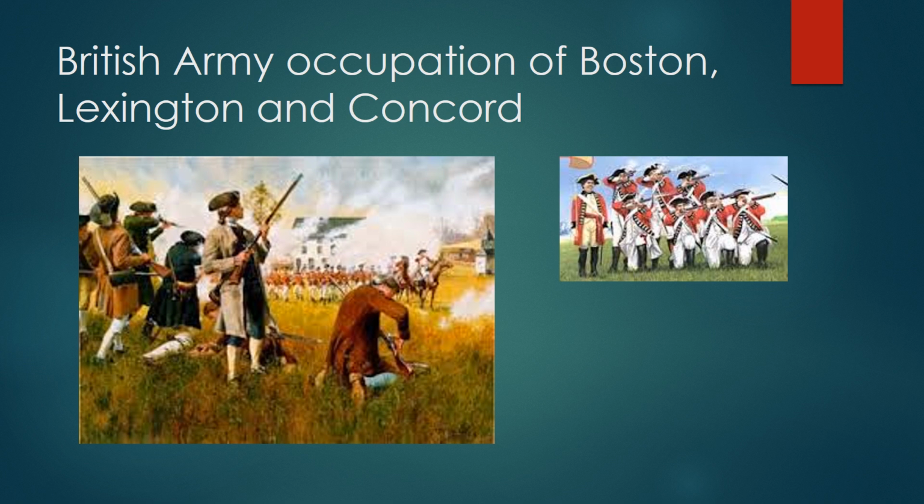So the British have orders to go and seize colonial caches of weapons in the town of Concord, which is 10 or 12 miles west of Boston. So the British Army marches with the idea that it's going to go to Concord and take these weapons from the colonial militia. They leave Boston, and on the way they stop at the town of Lexington, which they're passing through.